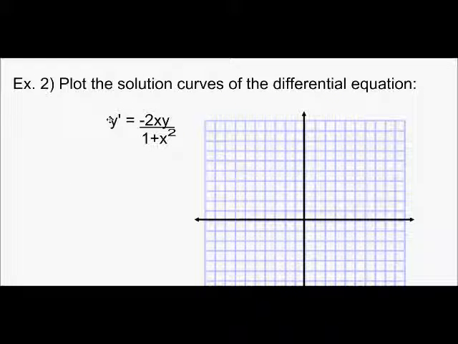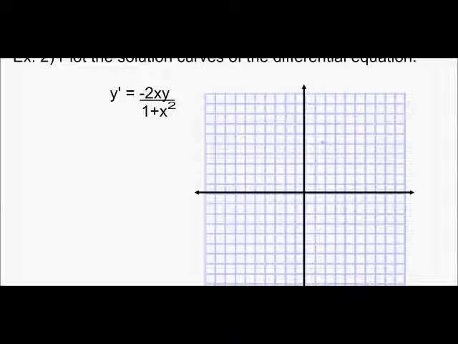Example 2, plot the solution curves of the differential equation. And our differential equation right here is y prime equals negative 2xy divided by 1 plus x squared. Okay, to plot this, what you're going to do is, well, let me restrict our points here.